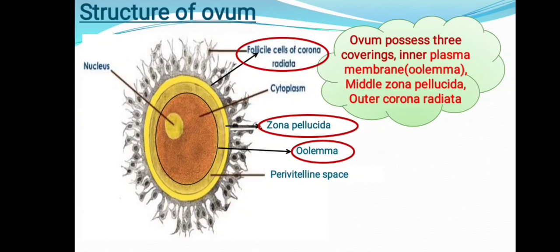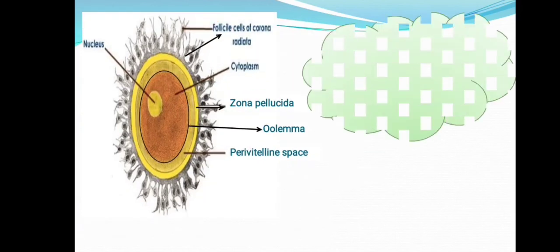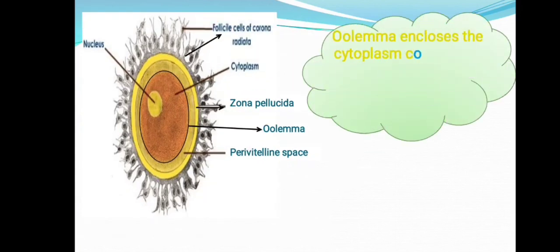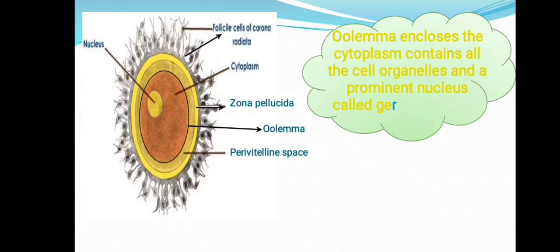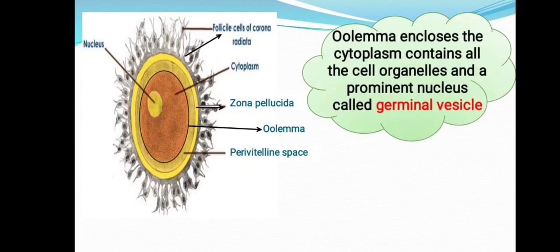The oolemma encloses the cytoplasm of the egg, which contains all the cell organelles and a prominent nucleus. This nucleus is called the germinal vesicle.